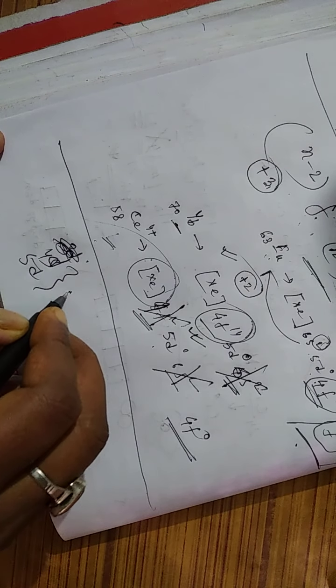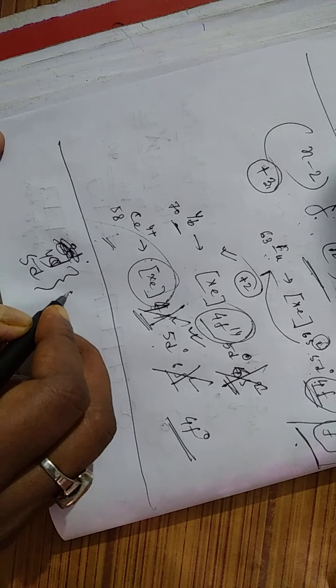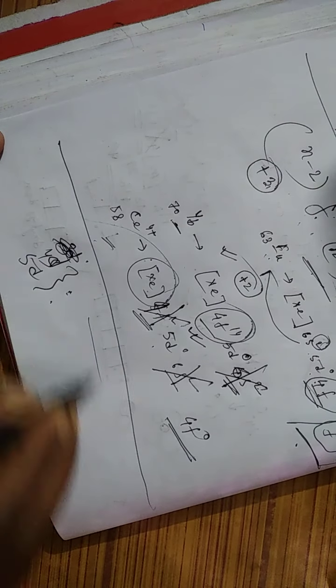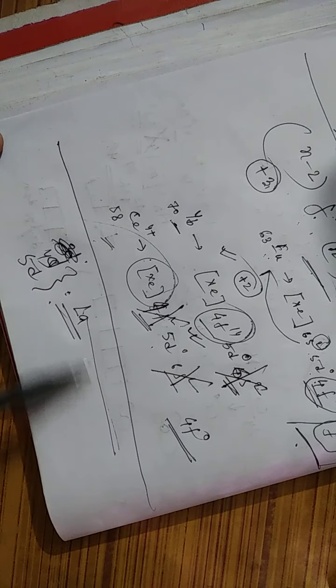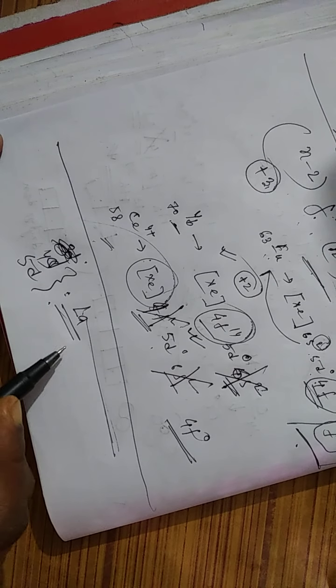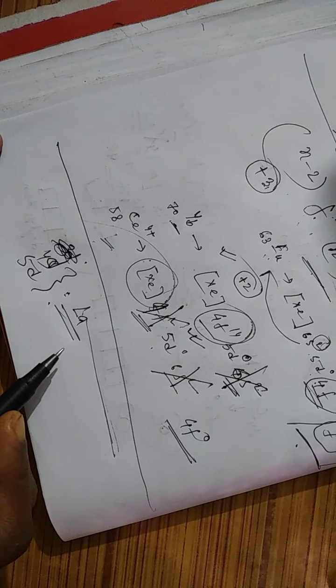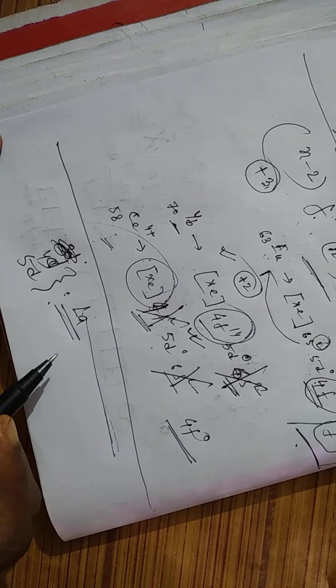The lanthanoid series starts with lanthanum, therefore the series is named lanthanoids.